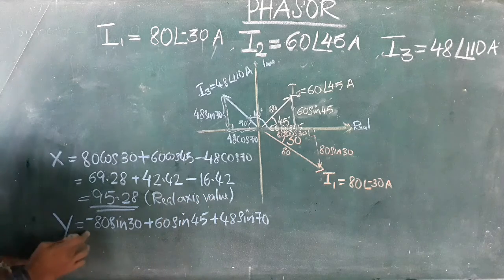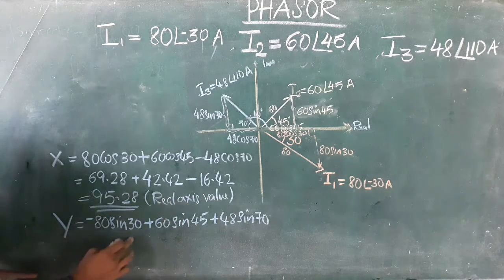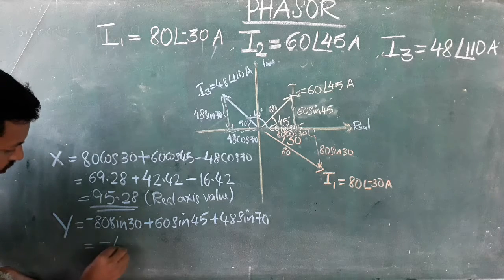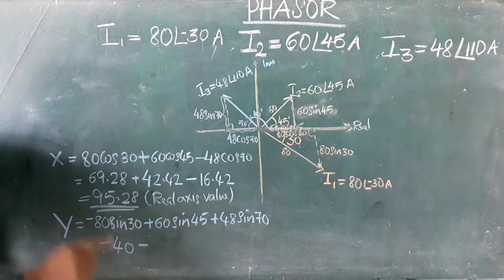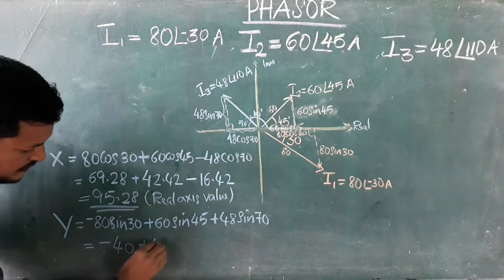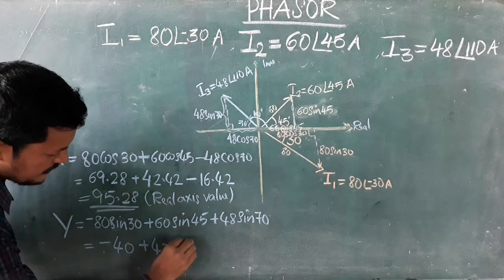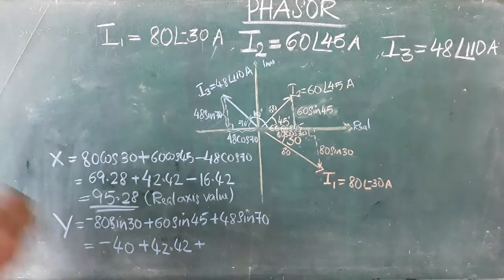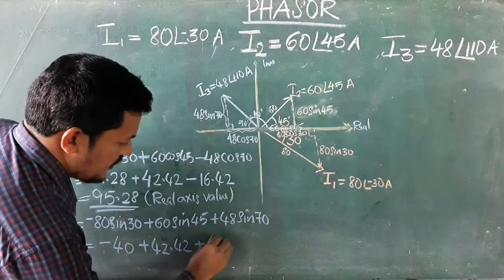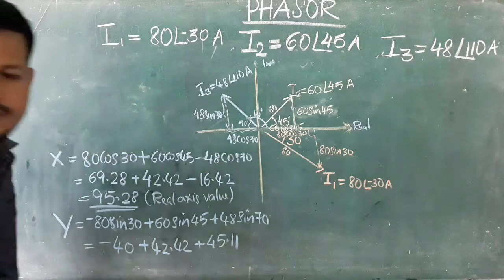Clear. So next, minus 80 sin 30 is minus 40, and 60 sin 45 is 42.42, plus 48 sin 70, that is 45.11. Clear.